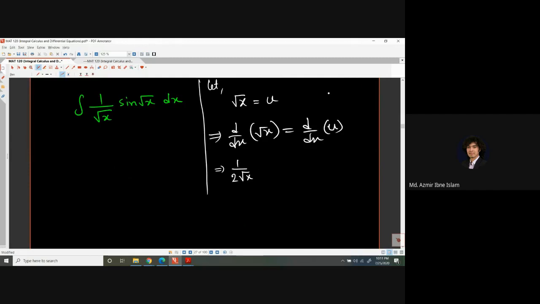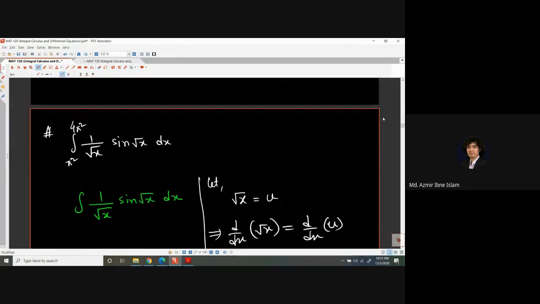Let me describe: d/dx of root x is equal to d/dx of x to the power 1/2. Applying the formula, n x to the power n minus 1, we get 1/2 x to the power negative 1/2.